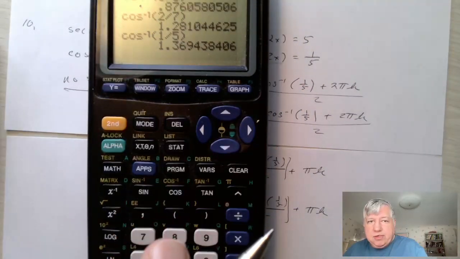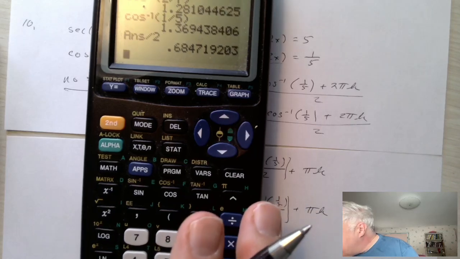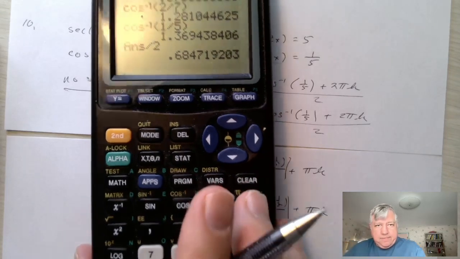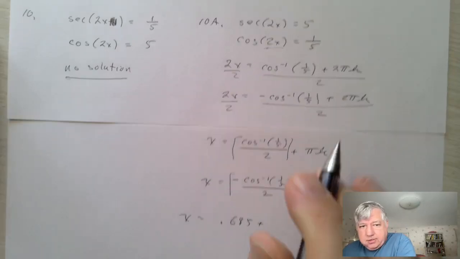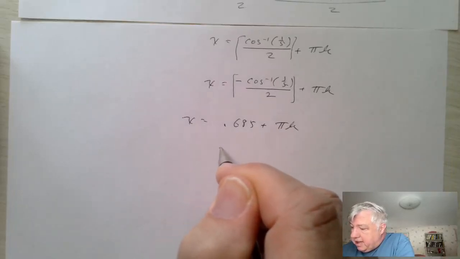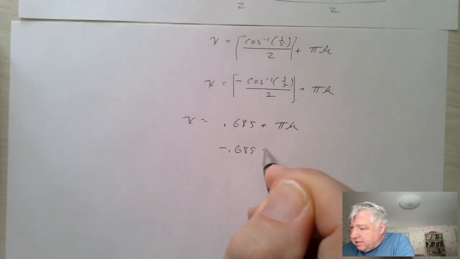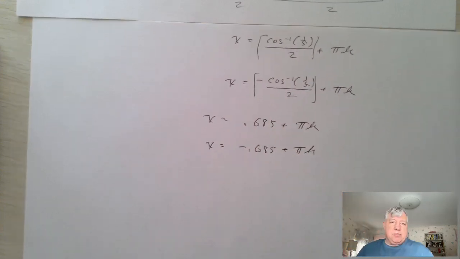It's 1.369, but we want to divide by 2, and so we get 0.685. So x is going to be 0.685 plus pi k, or could be negative 0.685 plus pi k. Okay, so those would be your two sets of solutions.